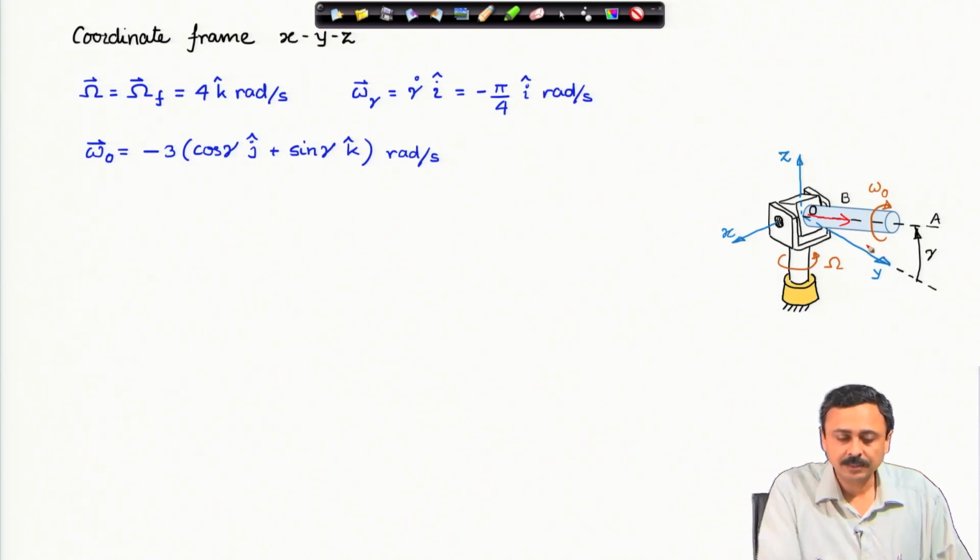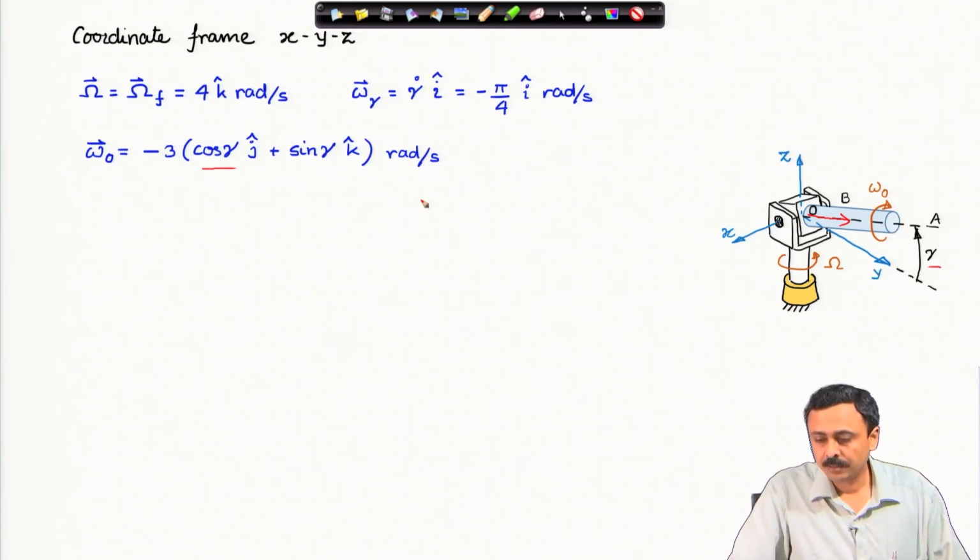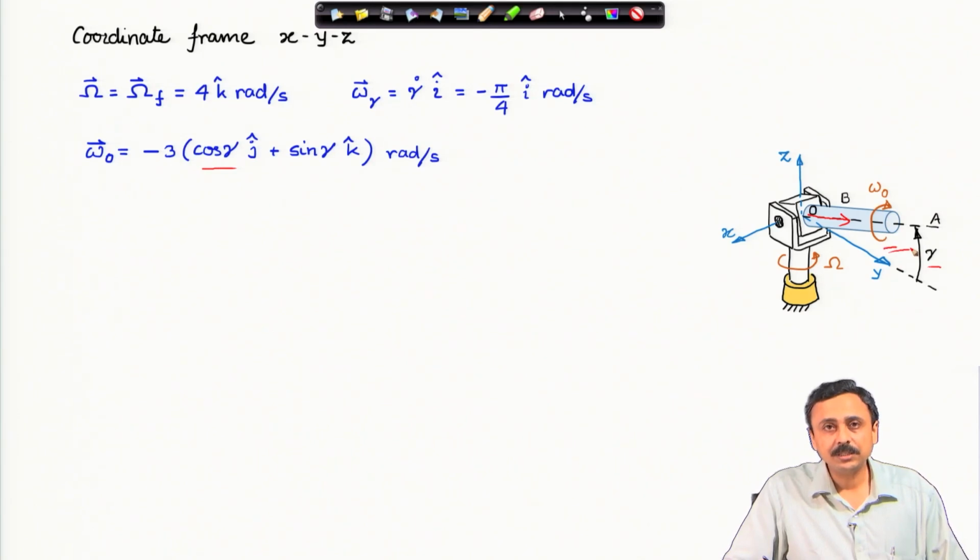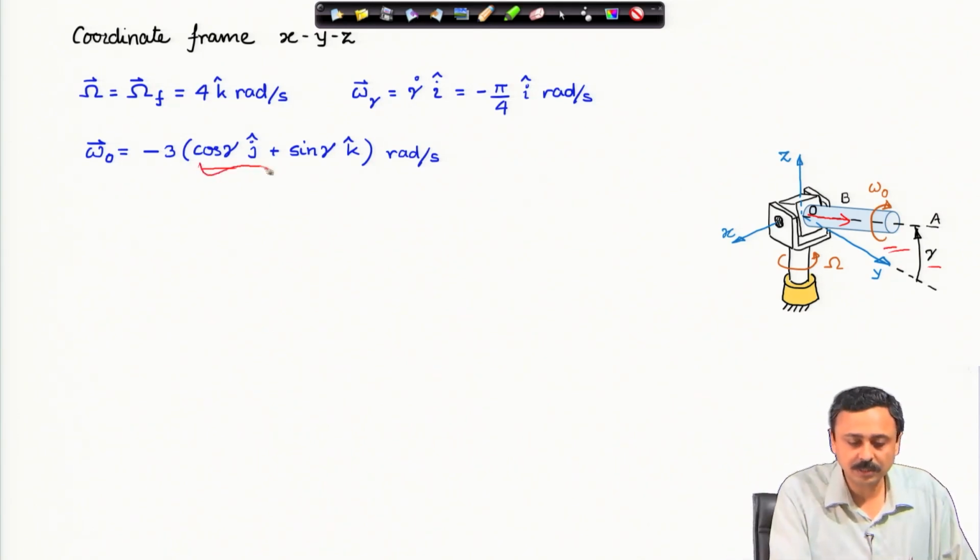I have done that. It is cos gamma j cap plus sin gamma k cap, this is gamma. The spin is taking place in this direction, and therefore, it is minus 3 times unit vector OA.